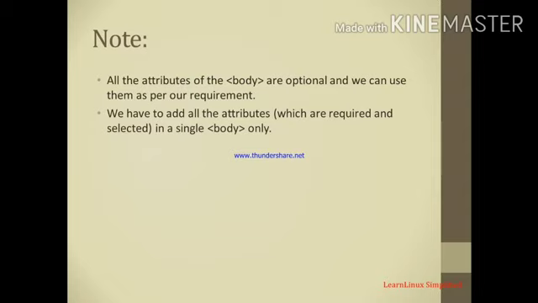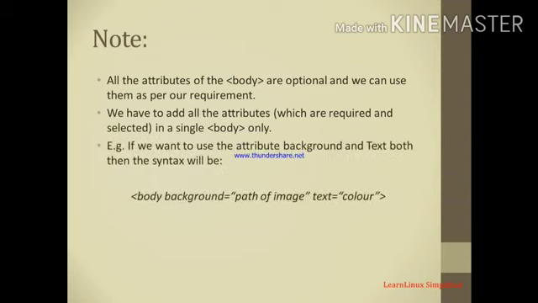We have to use body tag only once and all the attributes in a same body tag. Okay, for example, if you want to use the attributes background and text both, then the syntax will be body space background is equal to path of the image space text is equal to color.